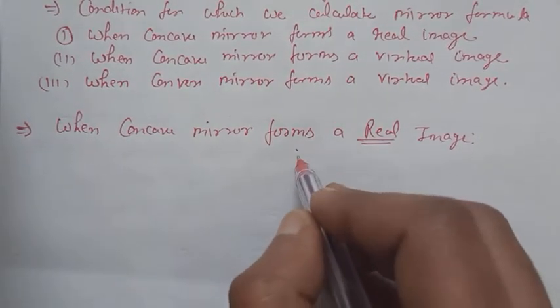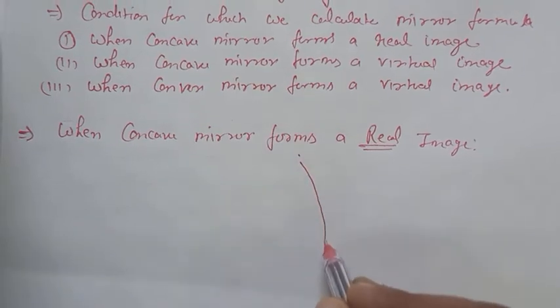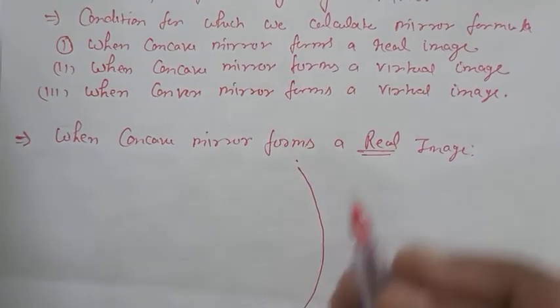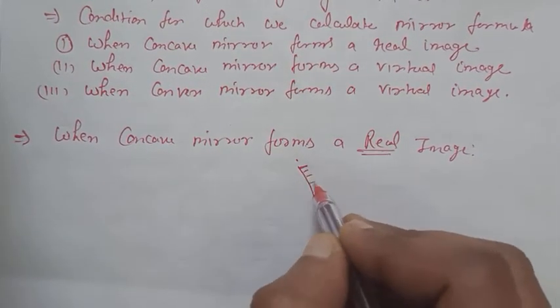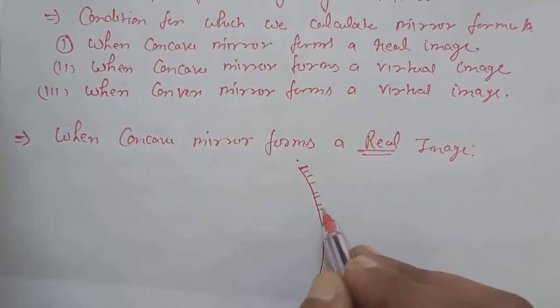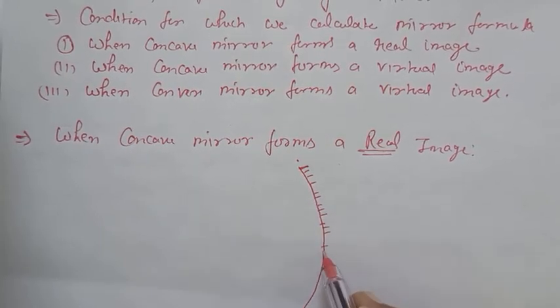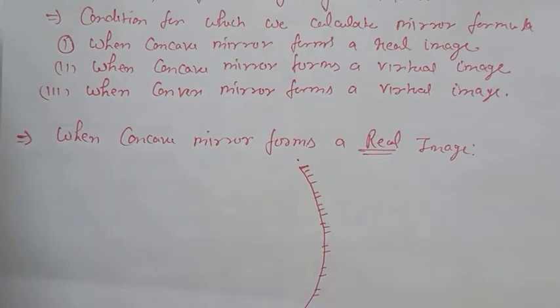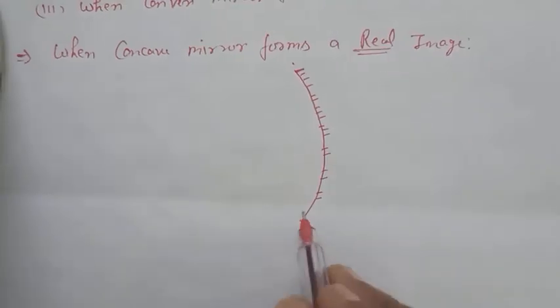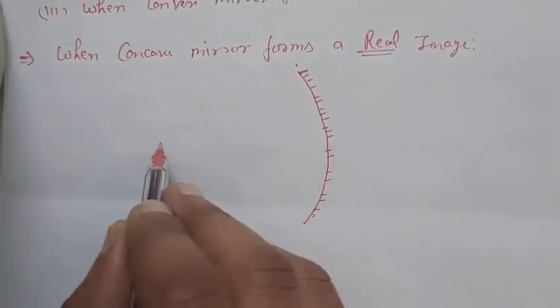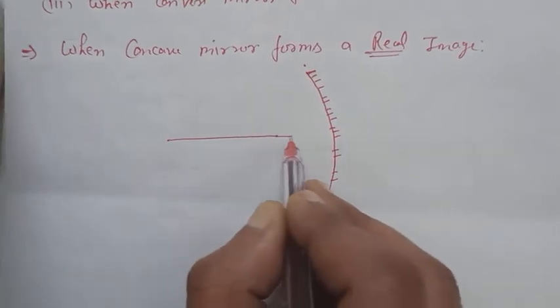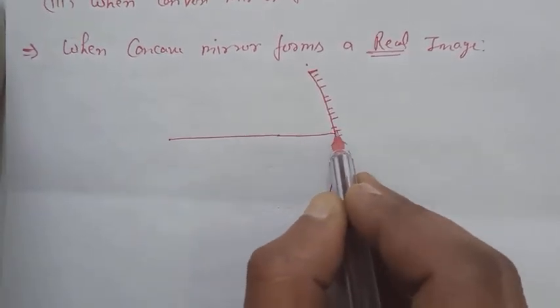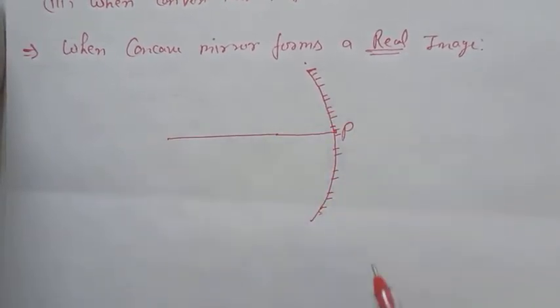We draw a concave mirror, with the polished side outside and the bulging part. This is the principal axis and this is the point P. P is the pole.